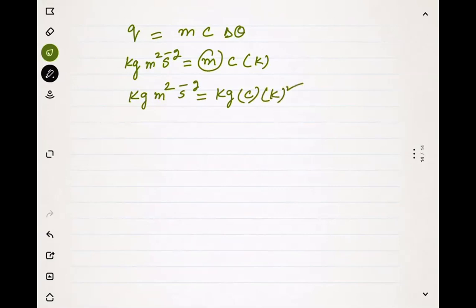Here the m is the quantity, not the unit. So kilogram is cancelled out with kilogram, and the final unit for specific heat capacity will become meter square second minus 2, and Kelvin will be divided. So the base unit for specific heat capacity would be meter square, second minus 2, and Kelvin inverse.